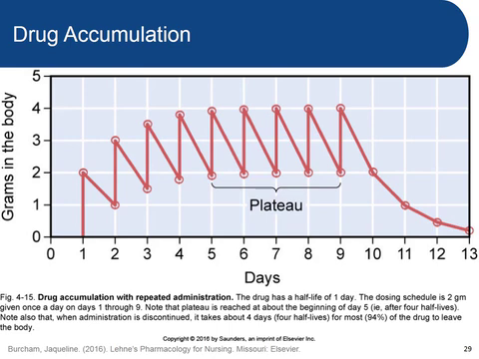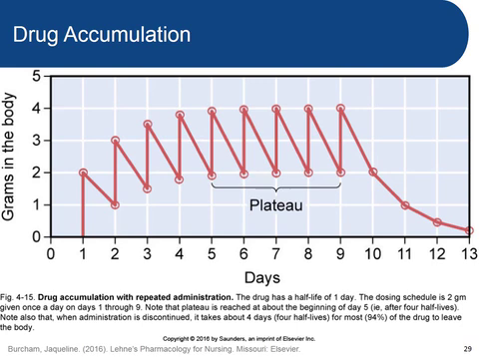This drug, for example, is given once a day. It's given on day one, and the grams in the body are 2. Given on day 2, right before it's given, it drops down. It's given again, and it goes up to 3, because you've maintained that 2 plus the 1 that was not quite eliminated. Then the pattern goes on, and at some point you reach a plateau.